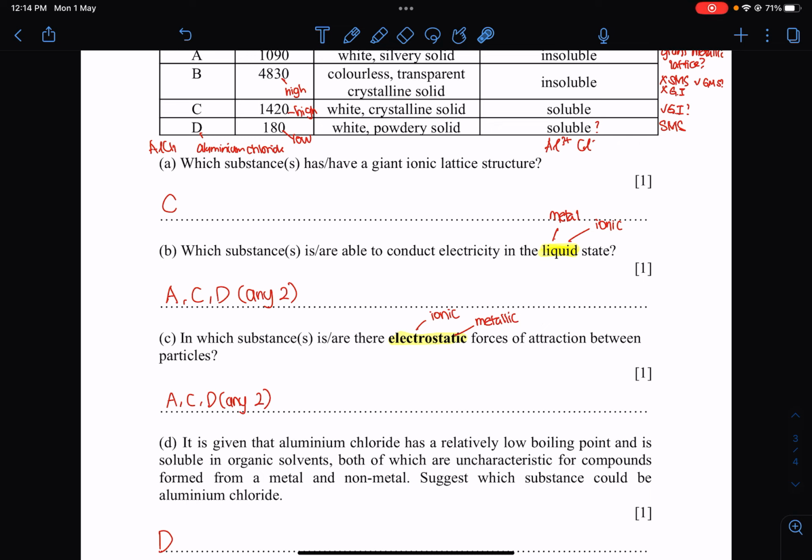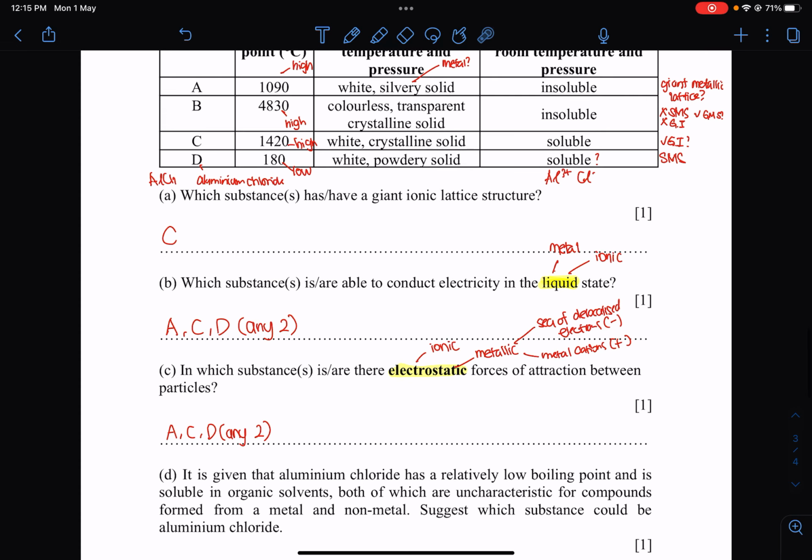It is because of the electrostatic forces of attraction between the sea of delocalised electrons as well as the metal cations. Metal cations are positive, the sea of delocalised electrons negative, therefore they will have strong electrostatic forces of attraction between them. Likewise for ionic, between positive and negative ions.